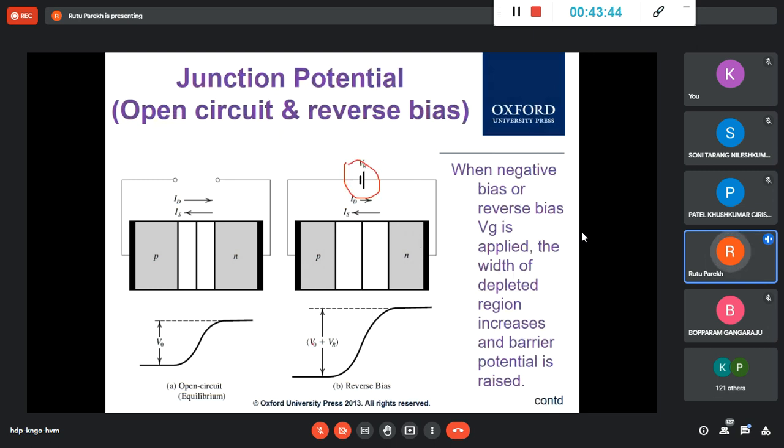So before it was V0, now it is V0 plus the battery voltage. The potential in the neutral state was this much, but now it has increased. Here these are all positive, this is negative, and this has increased the width. If you think in your mind, these are all carriers filled up with negative and positive, and more carriers means more potential, and this potential has gone high.